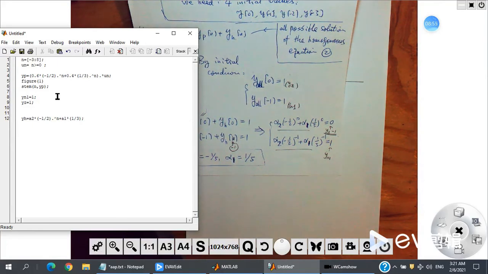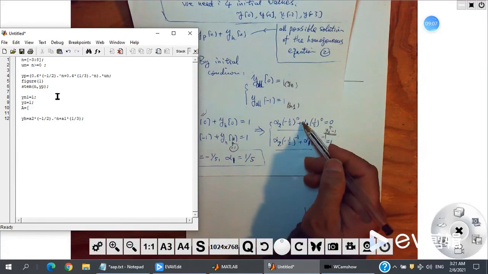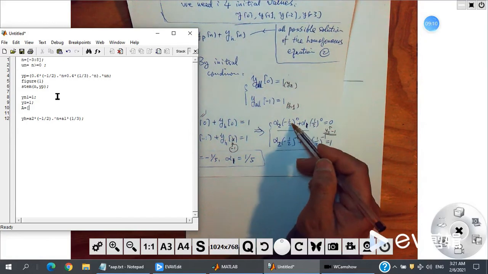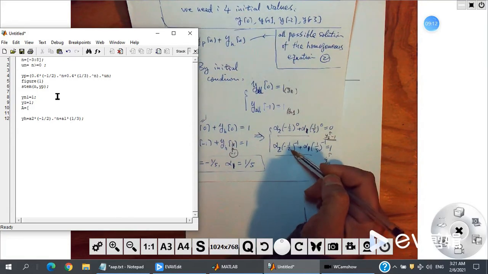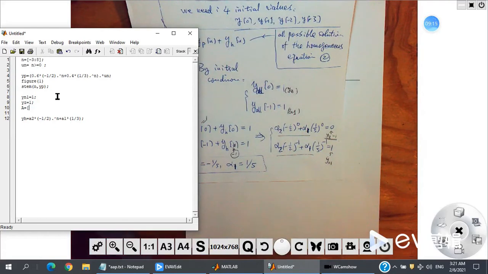We need to solve this equation, right? So for this equation, the coefficient matrix A is, you see the coefficients here: for A1 the first coefficient is 1, and A2 also has coefficient 1. In the second equation, A1 has 3 as the coefficient, and A2 has -2. So this is A, right?